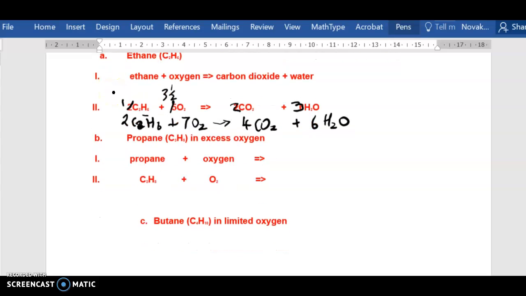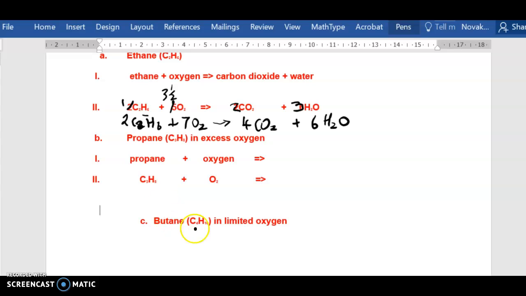Okay, the next two, I'll do the next one and I'll leave the butane for you to try. And the key thing here is this one is in excess oxygen. It's like it's got a turbocharger, so it's got plenty of oxygen. No problem. Get a nice clean burn. That means we'll end up with carbon dioxide.